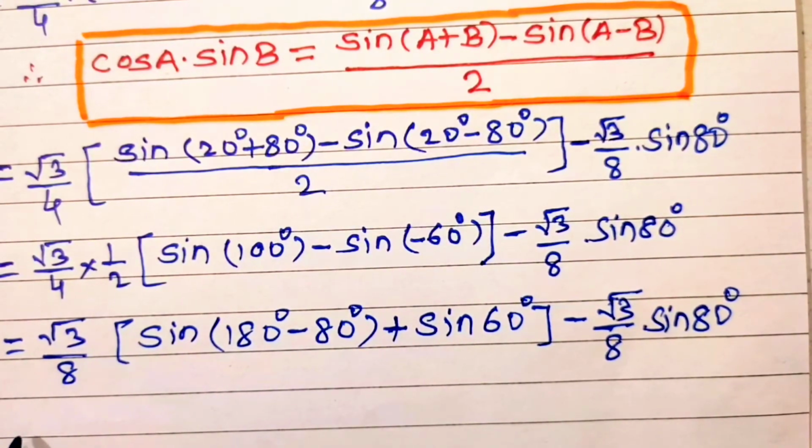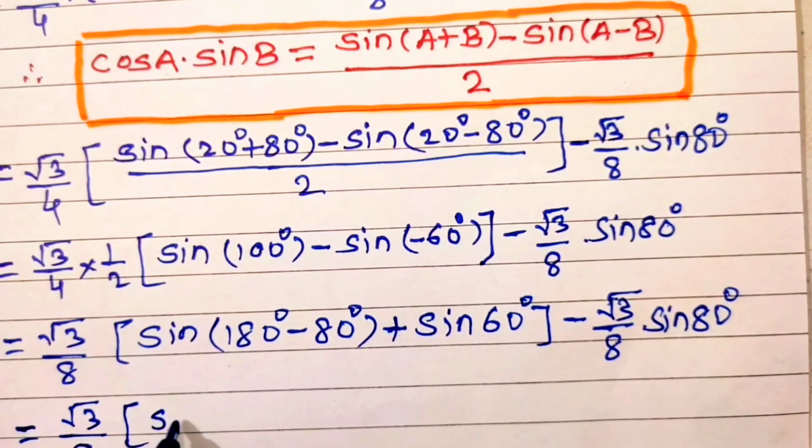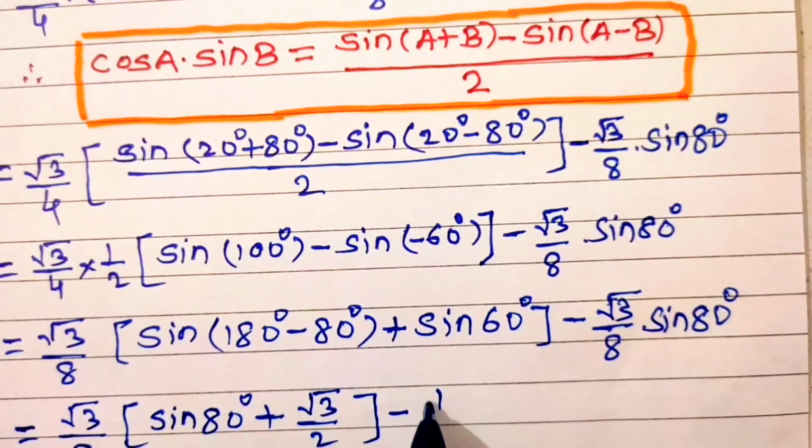So simplifying this, root 3 upon 8 into bracket sine of 80 degree plus sine 60 degree, which is root 3 divided by 2, minus root 3 divided by 8 into sine of 80 degree.